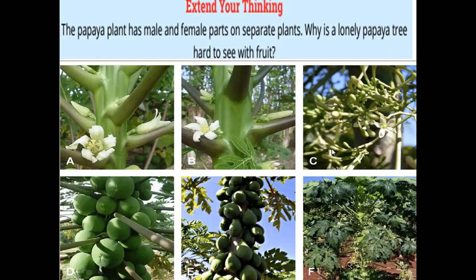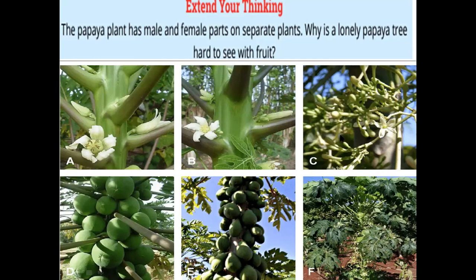This is a male papaya plant in which there are lots of flowers. These flowers have just the male reproductive part, and the other has just the female reproductive part inside it. So they have to grow side by side with one another, not separately.